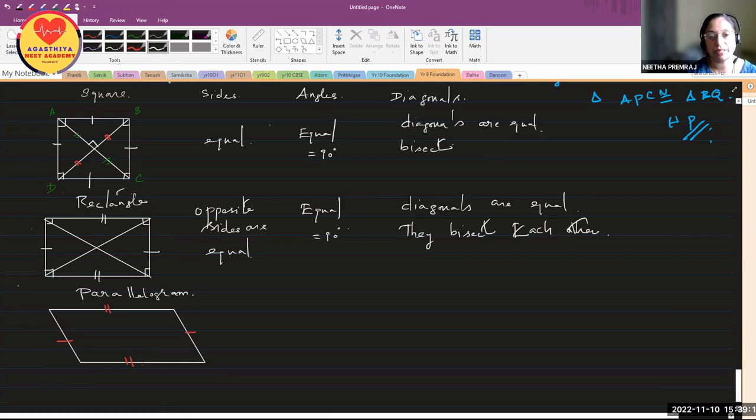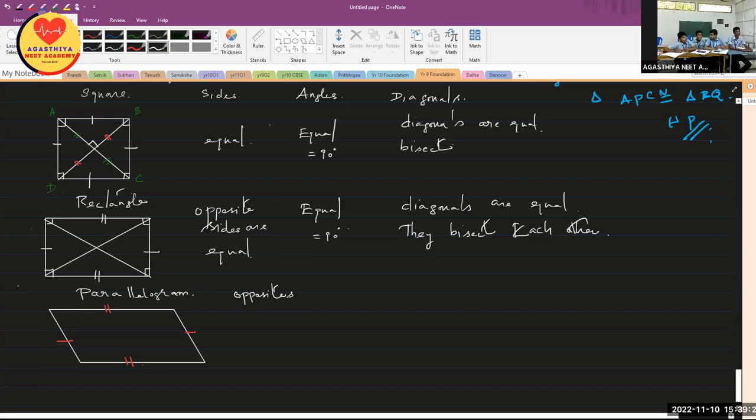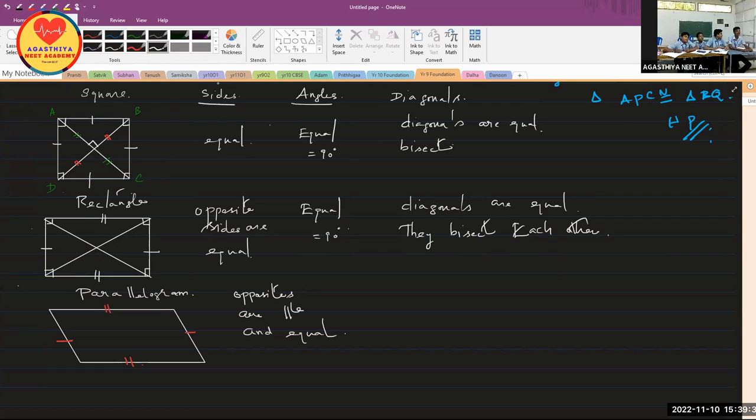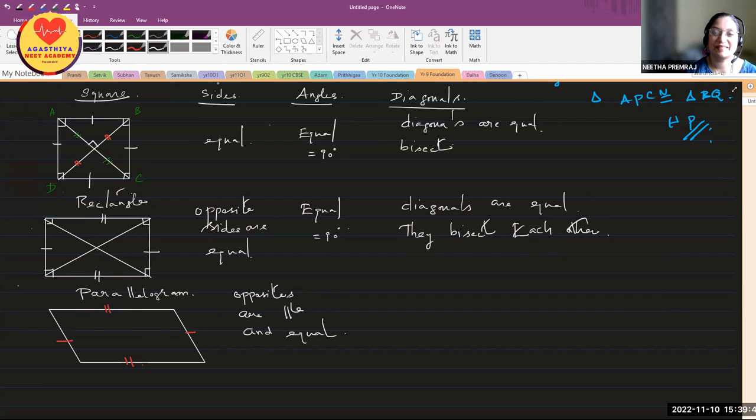So opposite sides are parallel and equal. What about the angles? Angles are equal? Equal to 90 degree, or more than 90 degree?